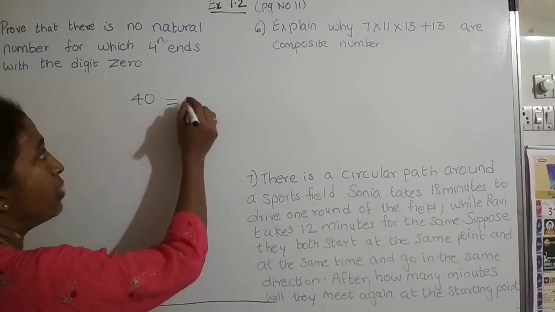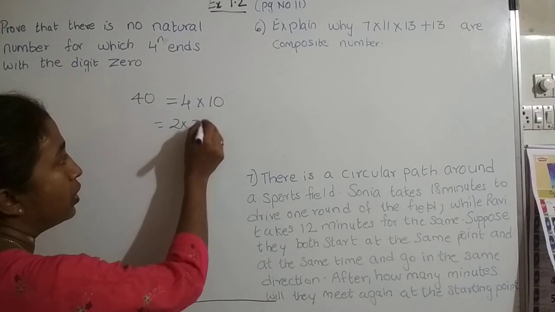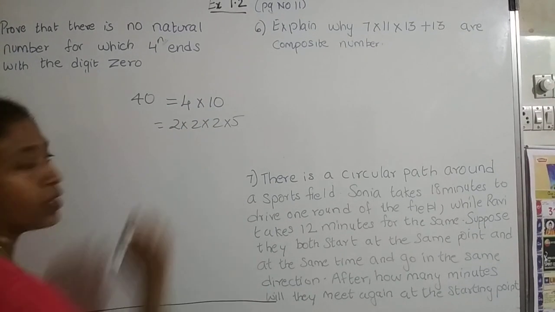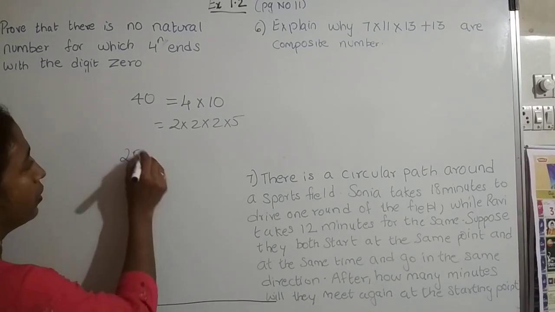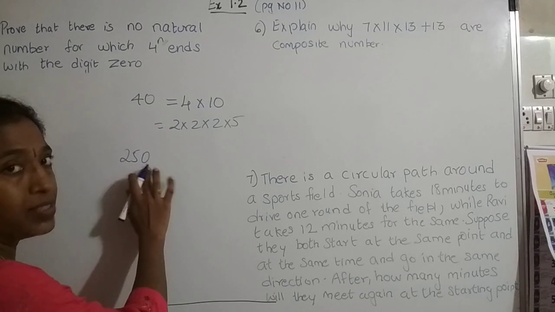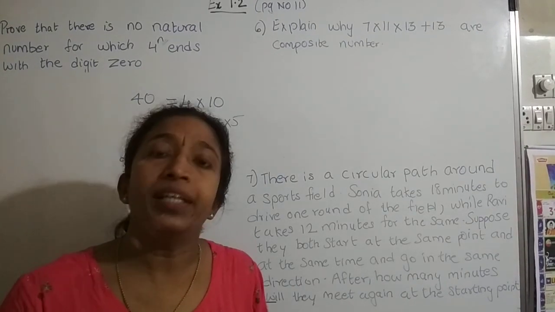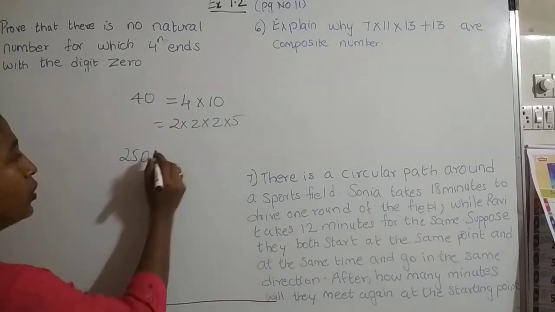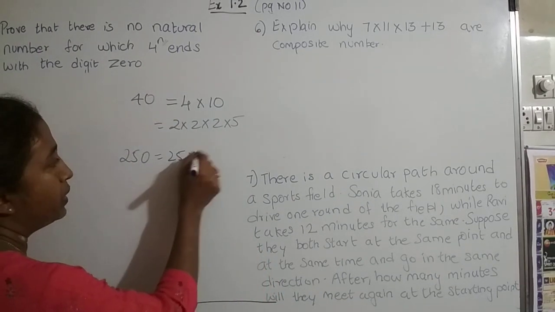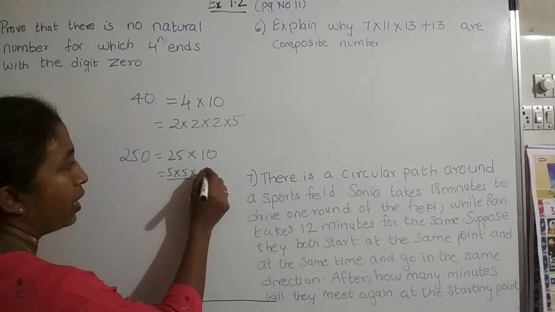Now if I take the prime factorization of this, I can write 4 into 10, that is 2 into 2 into 2 into 5. Correct? Take any other number, for example, 250, a number ending with 0. We are trying to find the condition for a number to end with 0. If I take 250, I can first split it as 25 into 10, then 5 into 5 is 25 and 5 into 2.